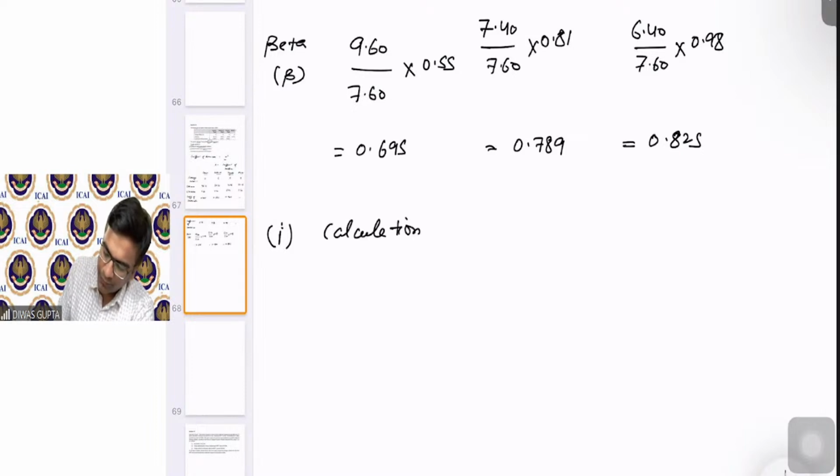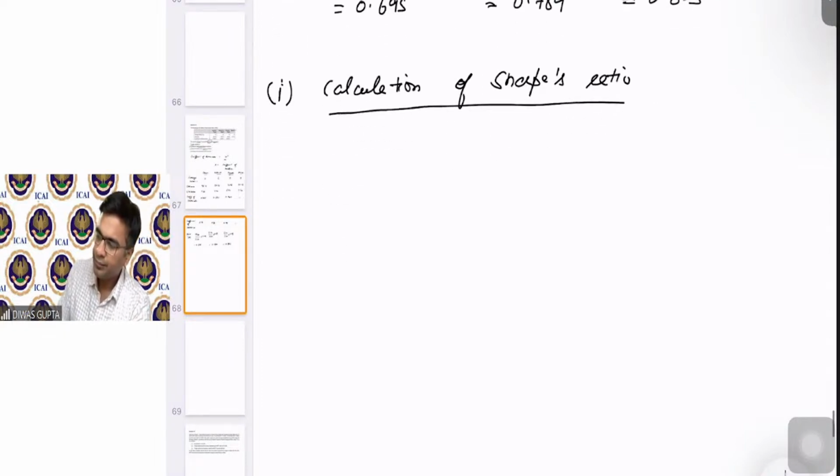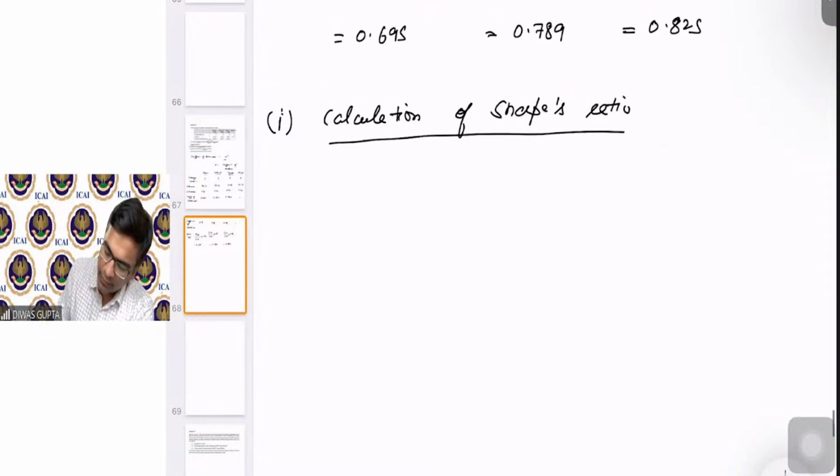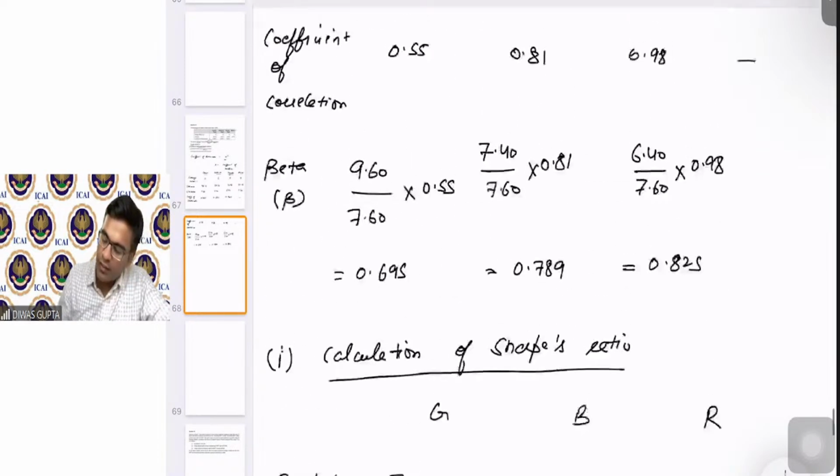Calculation of Sharpe's ratio. Again, this is growth fund, this is balanced fund, and this is regular fund. For these three, we have to calculate Sharpe's ratio. 7 is what their return is.